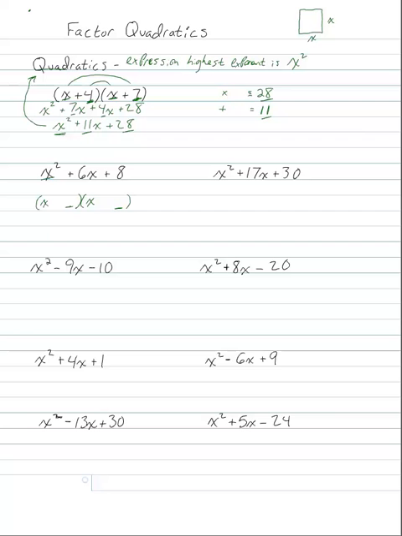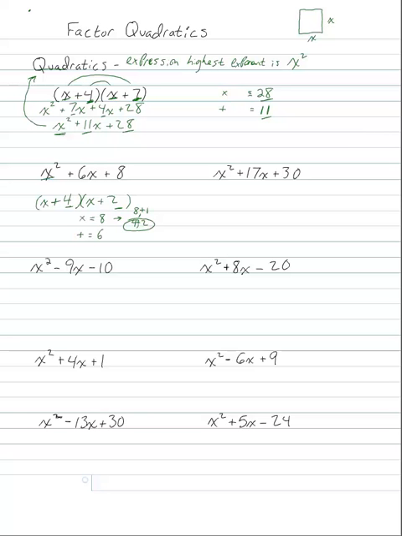I can look at my first term, my x squared, which I should get from multiplying my first terms together, so x times x. Now I'm looking for numbers that multiply to give me 8 and add to give me 6. There's not many choices. With 8, I have two choices, 8 and 1, 4 and 2. All I have to do is add them and see if any of them add up to 6. 4 and 2 will work. So it should factor to x plus 4, x plus 2.